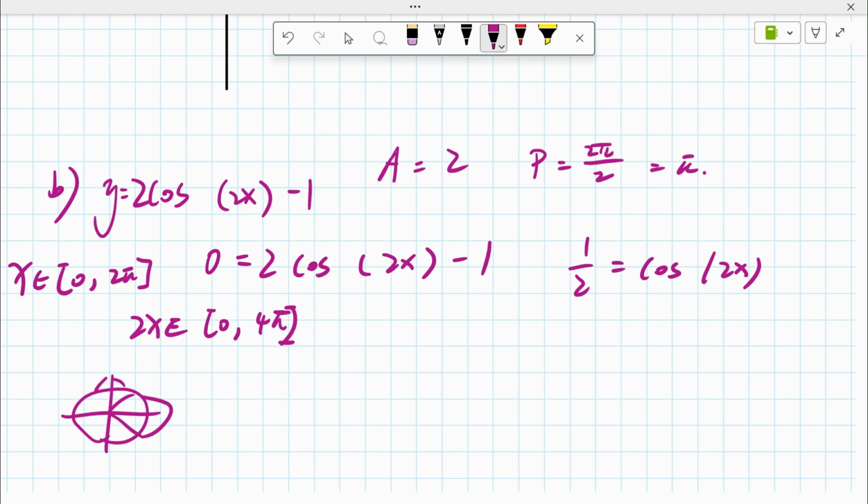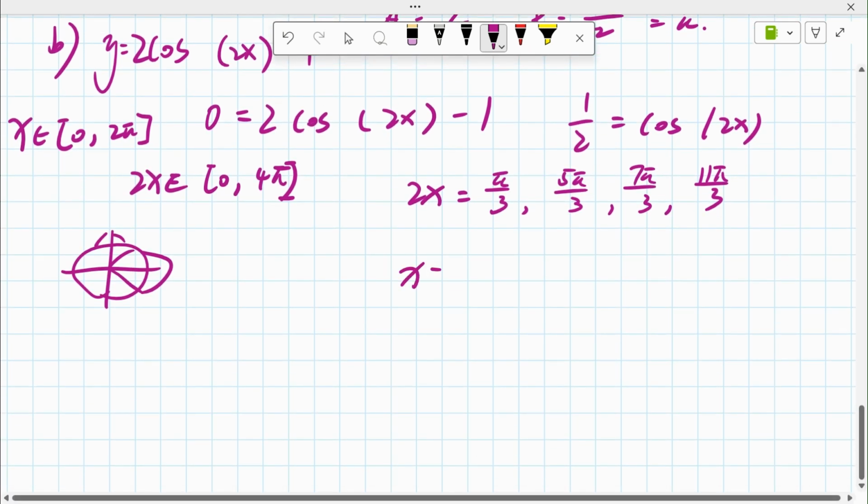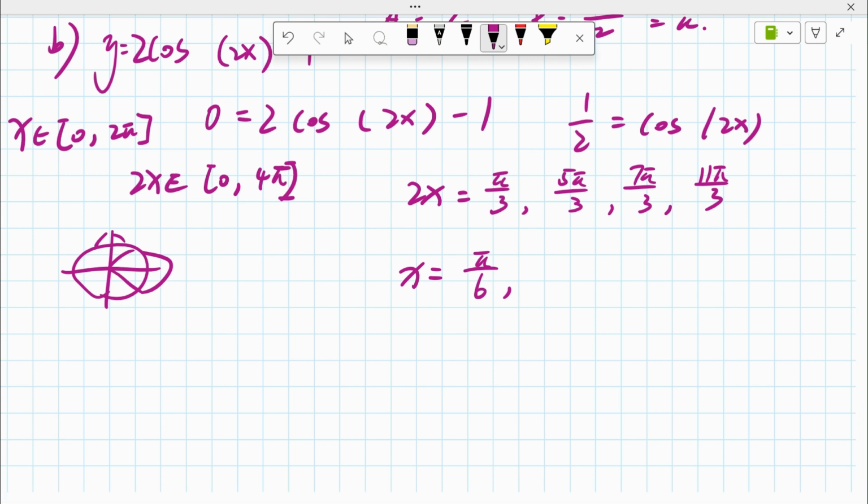Let me have a look. The first one will be, so 2x equals pi on 3, 5 pi on 3, 7 pi on 3, and 11 pi on 3. So x equals pi on 6, 5 pi on 6, 7 pi on 6, and 11 pi on 6.